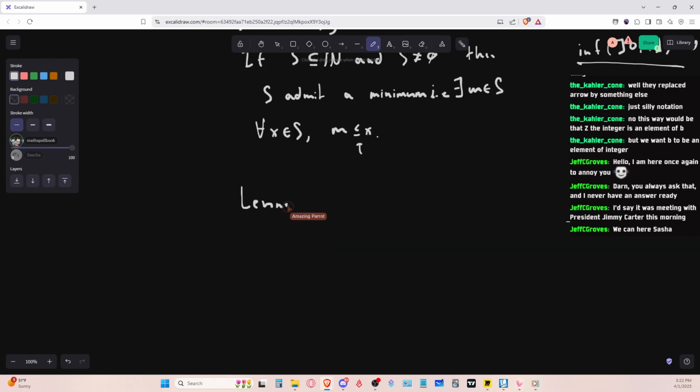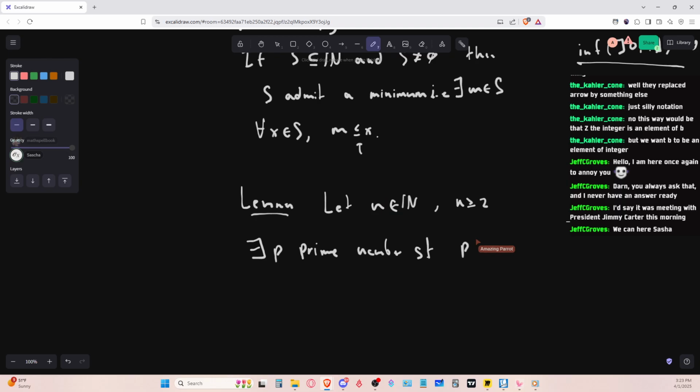Okay. So let n be some natural number, and assume that n is greater than or equal to 2. So we are in the hypothesis of the fundamental theorem. Then we want to show that there exists some prime number p such that p divides n.